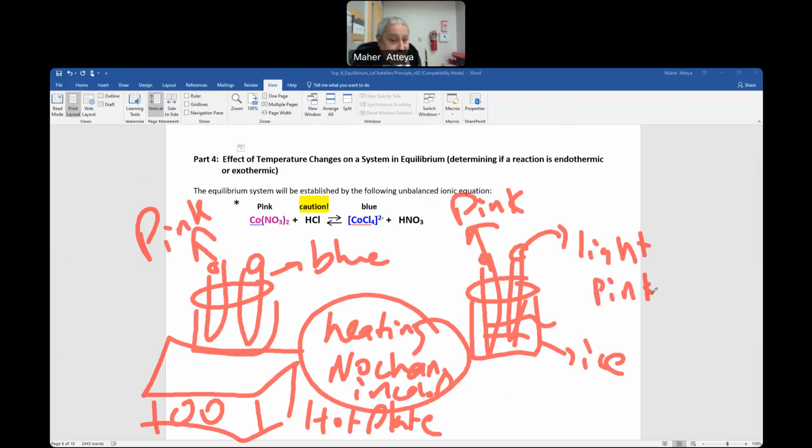If the heat is supposed to be on the right side, delta H, and I take it from the right side by cooling, I'm removing it. So I should have blue color, but I see pink color. So by all means, the heat cannot be at the right side.